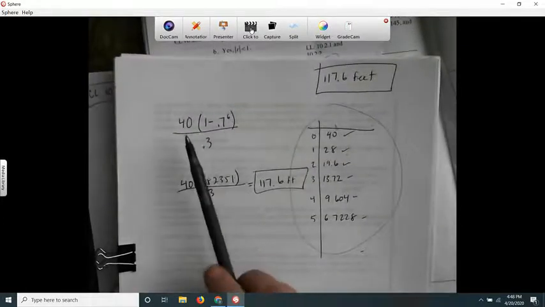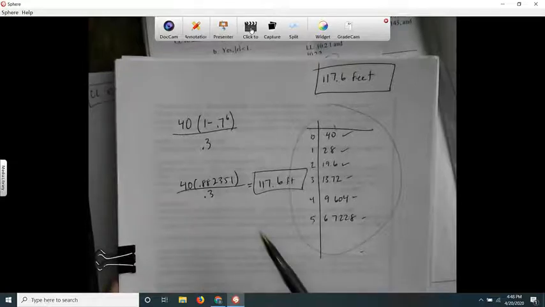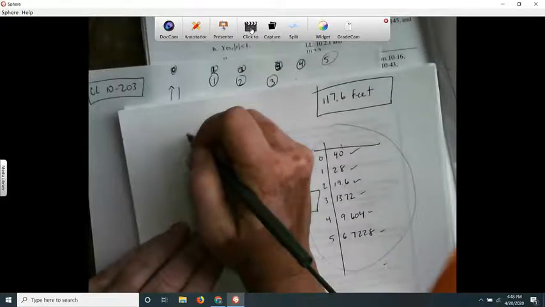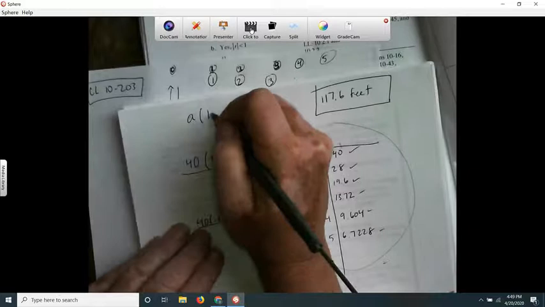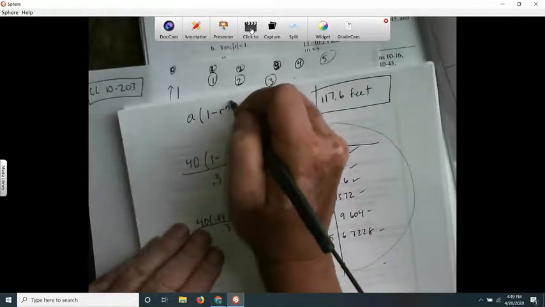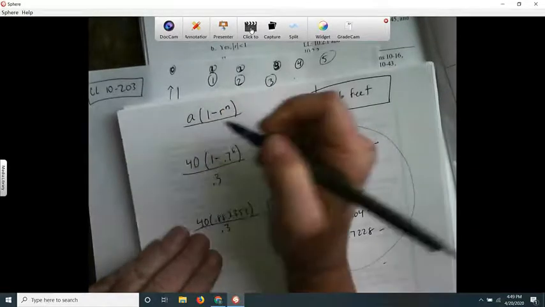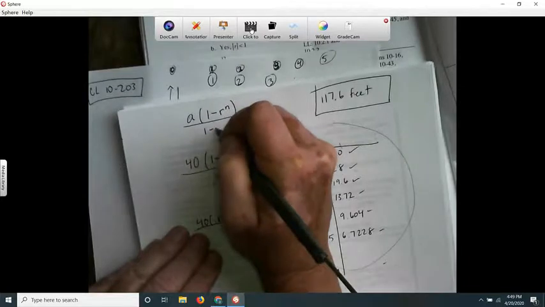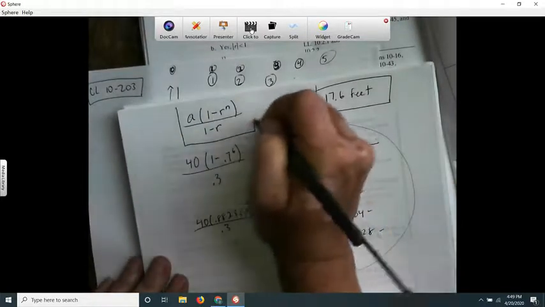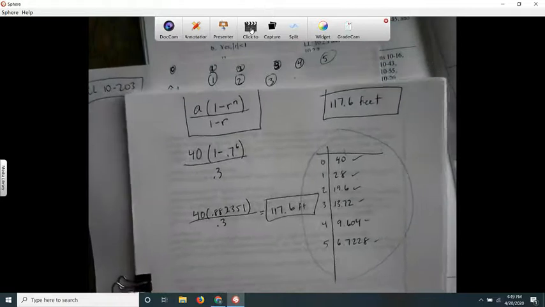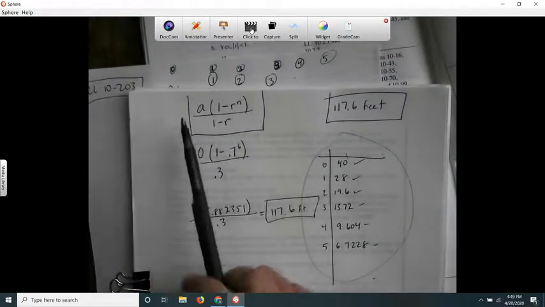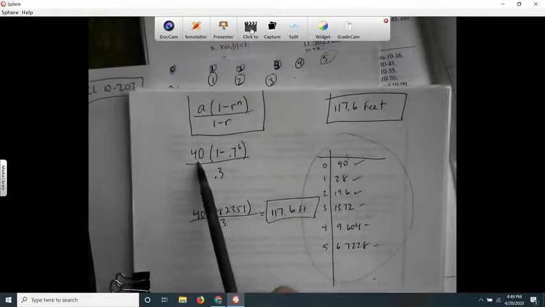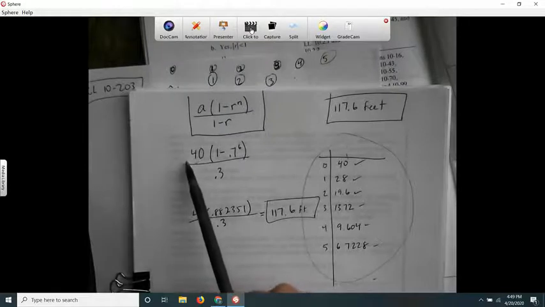Because this is the formula, a times 1 minus r to the n over 1 minus r. This is the formula that I just showed you a second ago in the math notes box. So I took my first term, which is actually the 0th term in this scenario. That's what a is. And then I used my bounce ratio, which was 0.7.